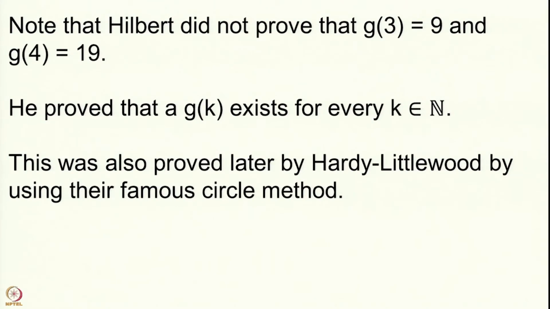He did not prove that g of 3 is 9, neither did he prove that g of 4 is equal to 19. He proved that such a g of k exists for every natural number k, of course bigger than 1. This is a very important theorem, and therefore there was another proof of this theorem given by the famous mathematicians Hardy and Littlewood, and they proved this result using what is called the circle method.